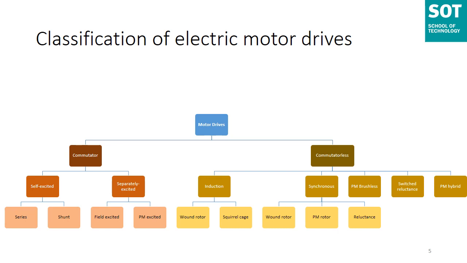So what is being done? If we replace the field winding of a conventional synchronous motor with permanent magnets, we get a permanent magnet synchronous motor.